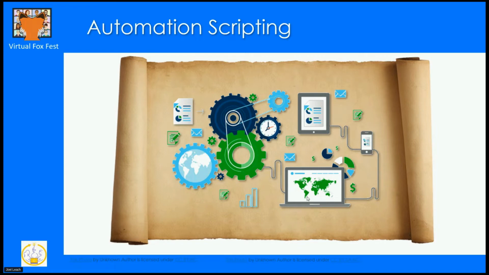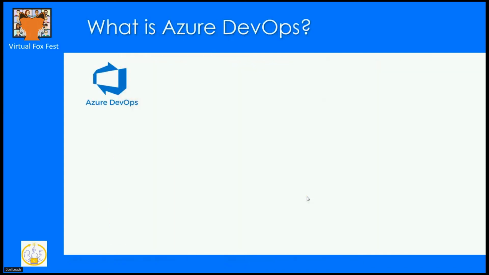Now, continuous integration and delivery are typically handled together in the same CI/CD pipeline. We're going to be using Azure DevOps to demonstrate this pipeline. Okay, what is Azure DevOps?